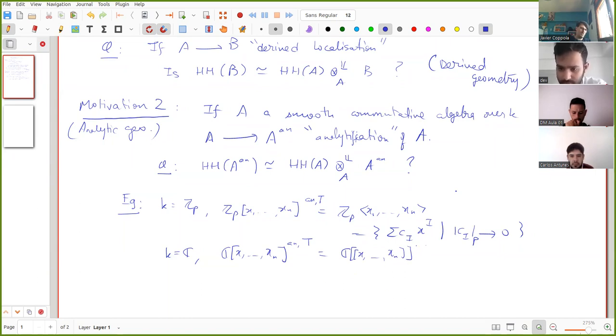So this is a restricted formal power series, such that the supremum of these is finite. Okay, so these are some examples of analytifications. You go from polynomials and you take some power series with some conditions on the coefficients.